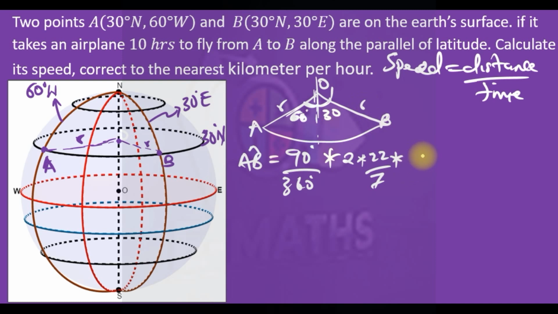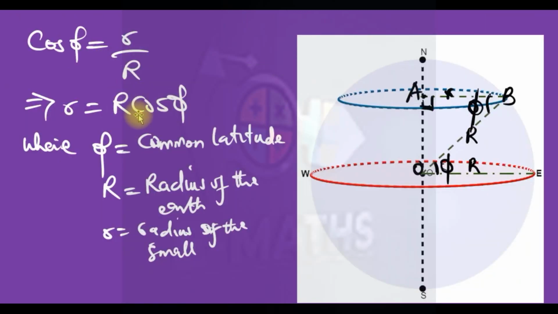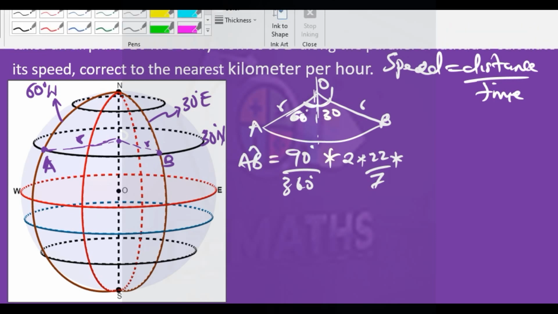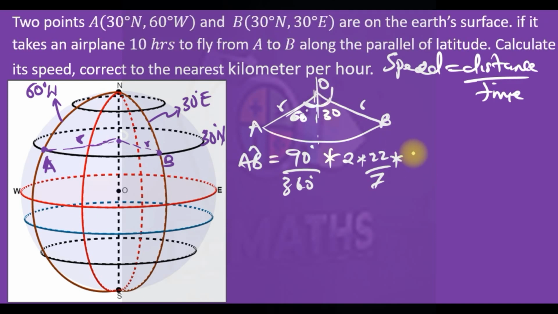Small r is big R cos phi, where phi is the common latitude. Well, I proved it here. So the radius of the earth is 6,400. Always remember that. 6,400 cos phi, where phi is 30 degrees.